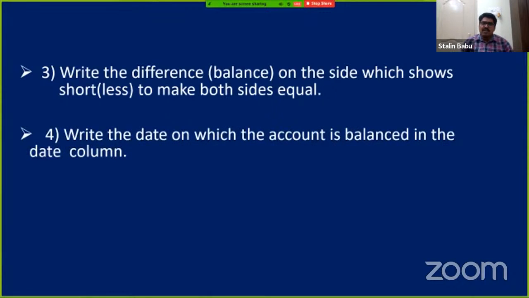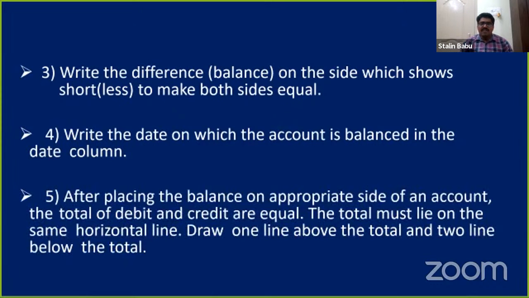Write the date on which the account is balanced in the date column. Generally, we balance at the end of the day, or at the end of the week, or end of the month. After placing the balance on the appropriate side of an account, the totals of debit and credit are equal.